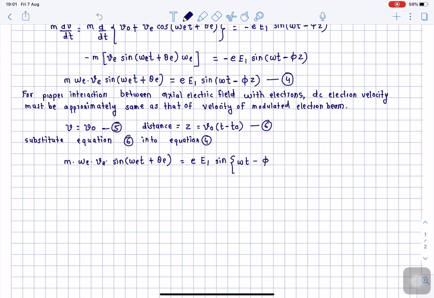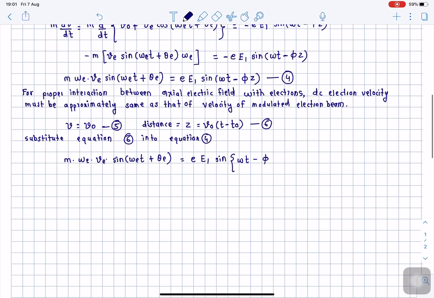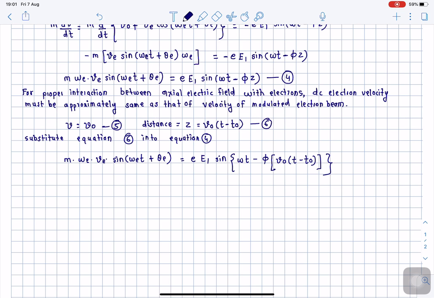Now here I will replace the z with the component v0 into t minus t0 from equation number 6.